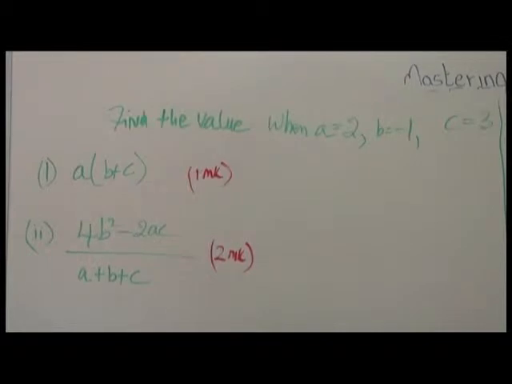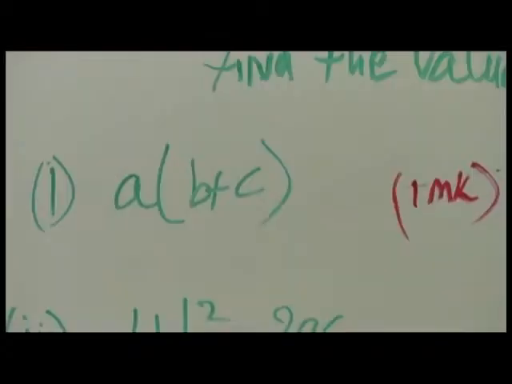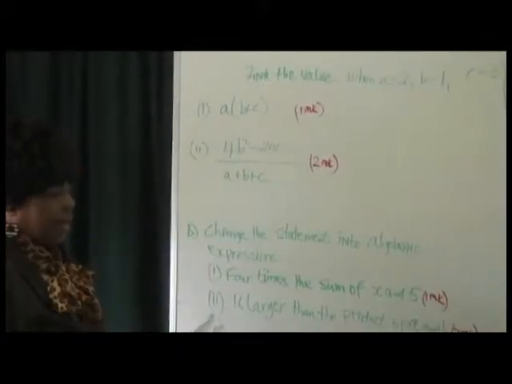The first one is, and I'm going to be doing the working over here, A, open bracket, B plus C. That is the first expression that we want to find the value of.